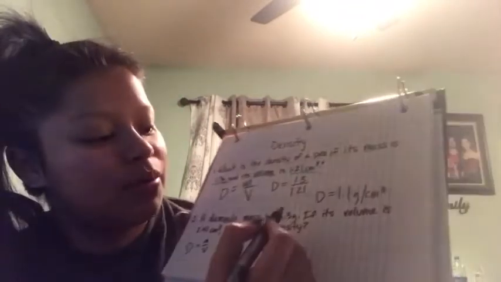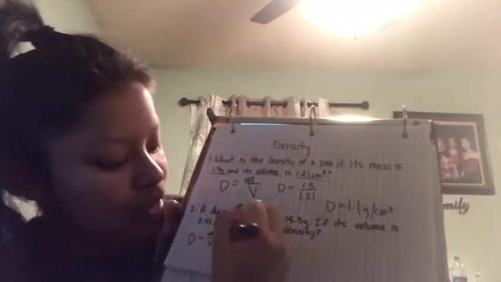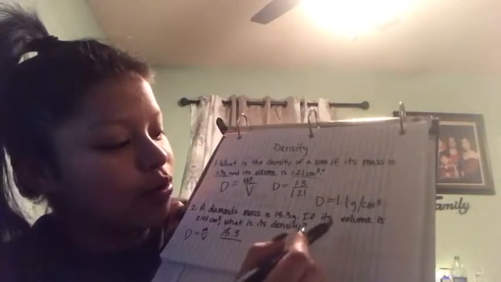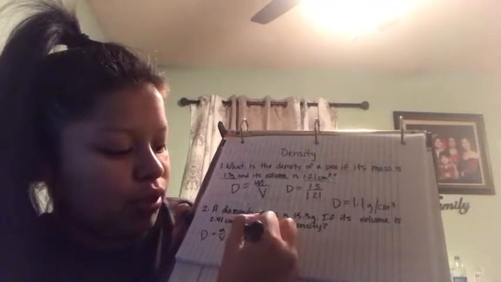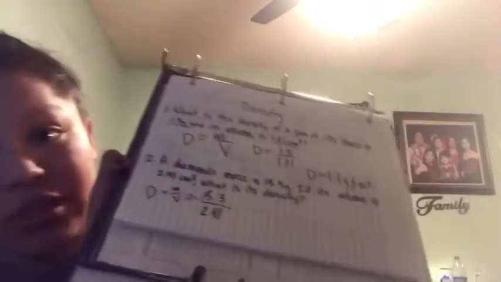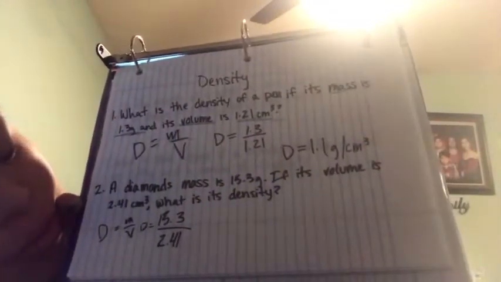So we have 15.3 grams, which is the mass, over the volume, 2.41. So D equals 15.3 over 2.41.